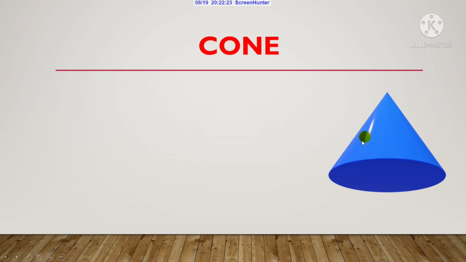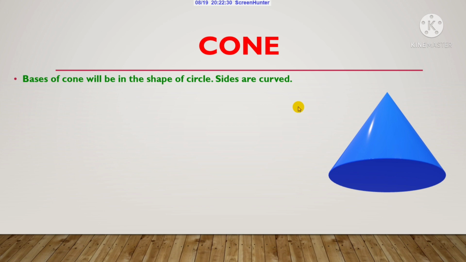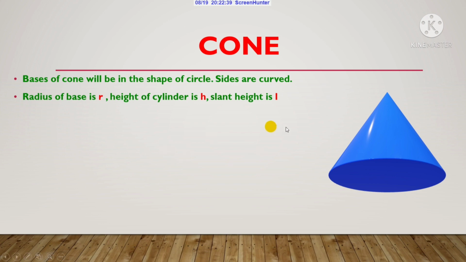Slant height means this one. You can understand from the figure. So the base of the cone will be in the shape of a circle, sides are curved, and the radius of the base is r, height is h and slant height is denoted with L.